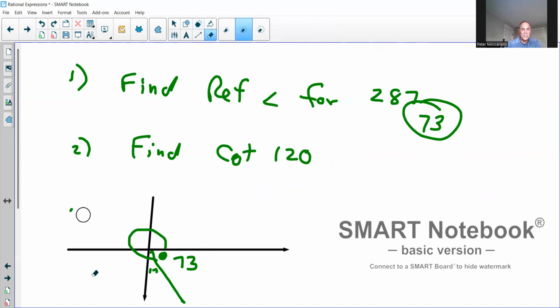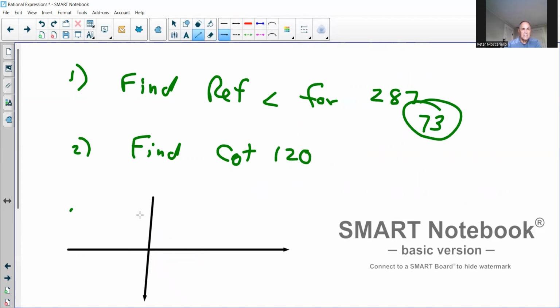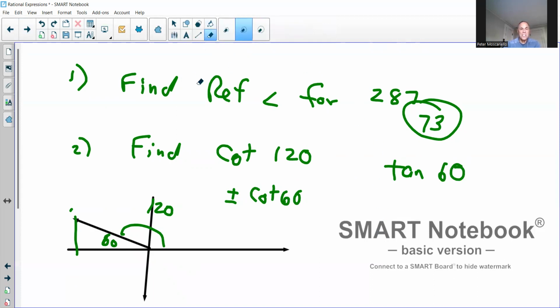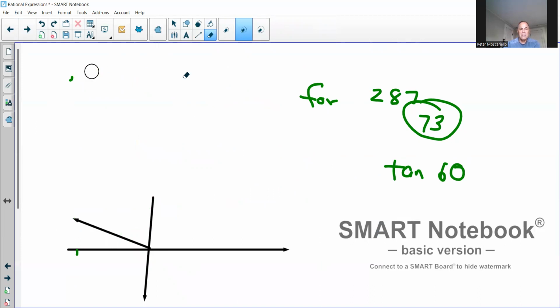All right, how about cotangent 120? 120 is out here. That's 120. The reference angle would be 60, yes? Yep. All right, so cotangent 120 is plus or minus cotangent 60, but I don't know anything about cotangent except it's reciprocal of tangent. So let's find tangent of 60. I don't think I had you memorize the tangent of 60.